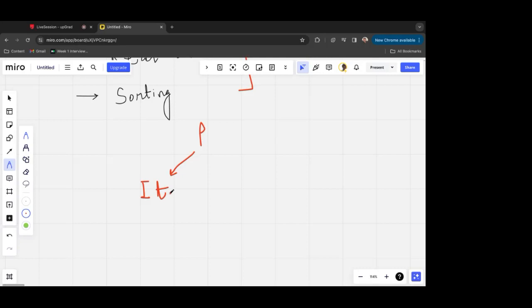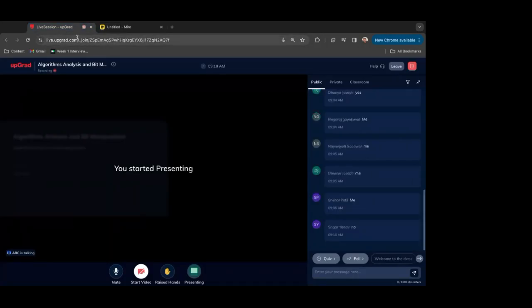I hope everyone understands the difference between iterative and recursive. Yes or no in the chat, guys? How many of you don't understand the difference between recursive and iterative? Come on, everyone, yes or no?